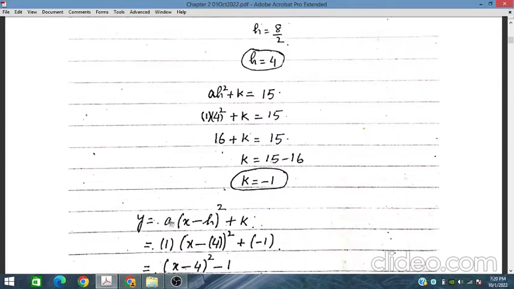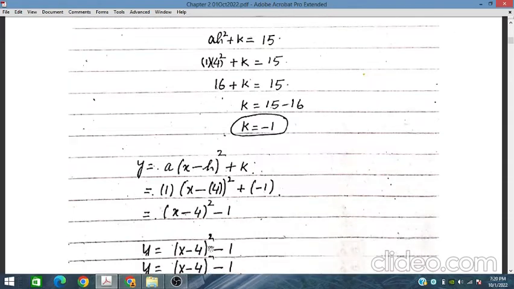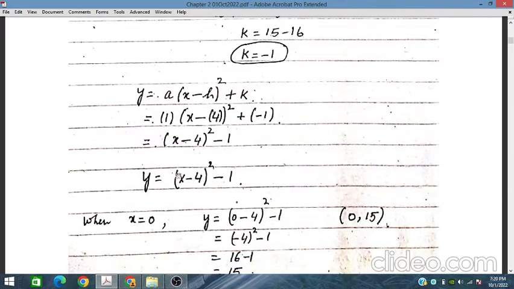So we can write y is equal to this. Here we have a, h and k obtained, and place them in appropriate places, and we get this value. So this is a simple completing square, and by using this we can easily plot it.